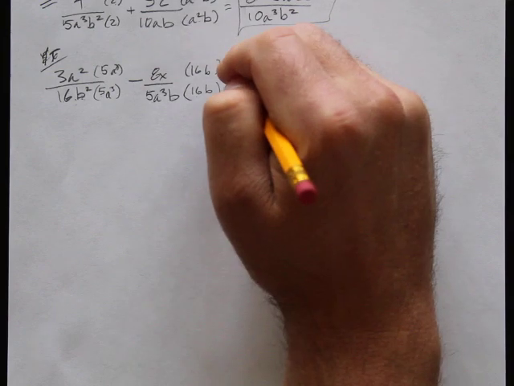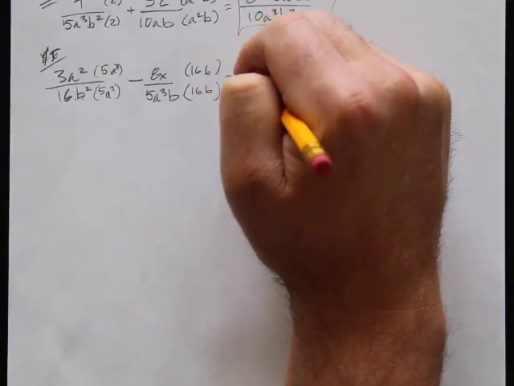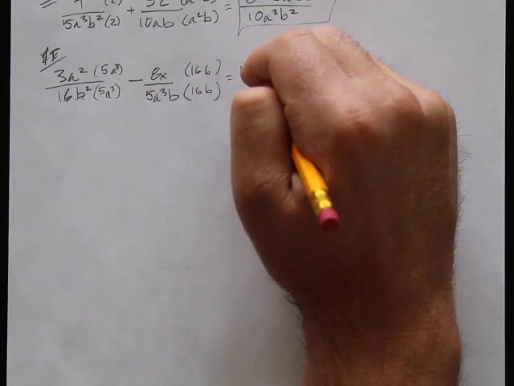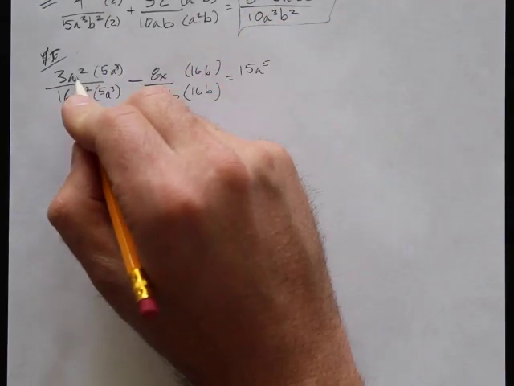So this comes out to 15 a to the 5th power, a to the 3rd times a squared.